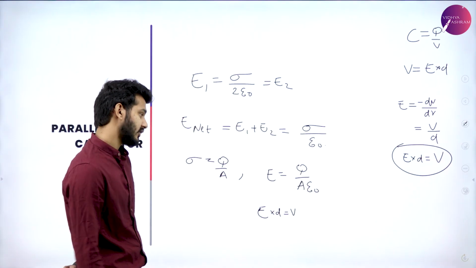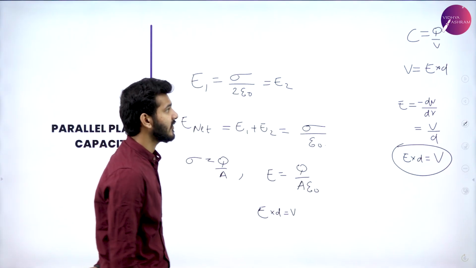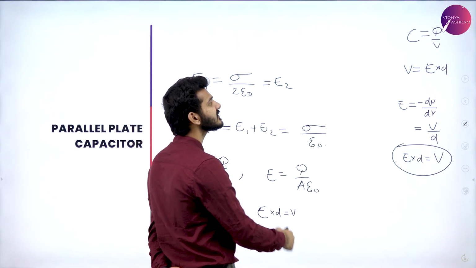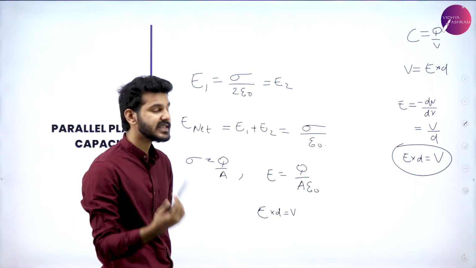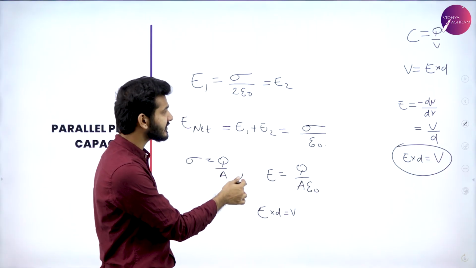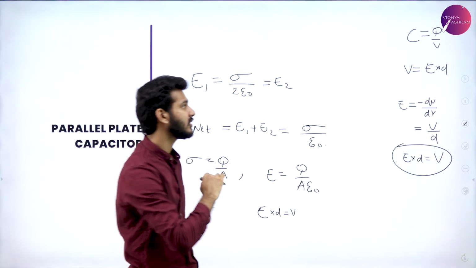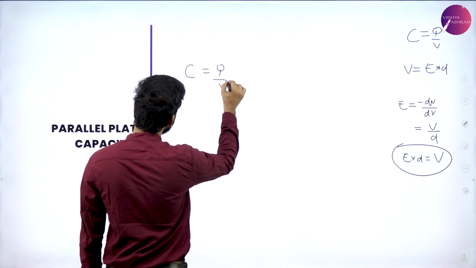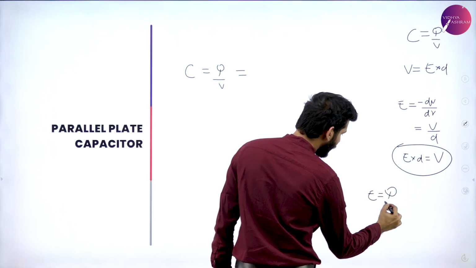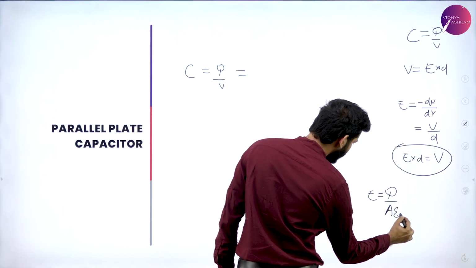So now since this is established, we are going to substitute all these results into C is equal to Q by V. In order to find out C, we are going to incorporate all these results into that particular equation. So we can write it as C is equal to Q by V, E is equal to Q by A epsilon naught.